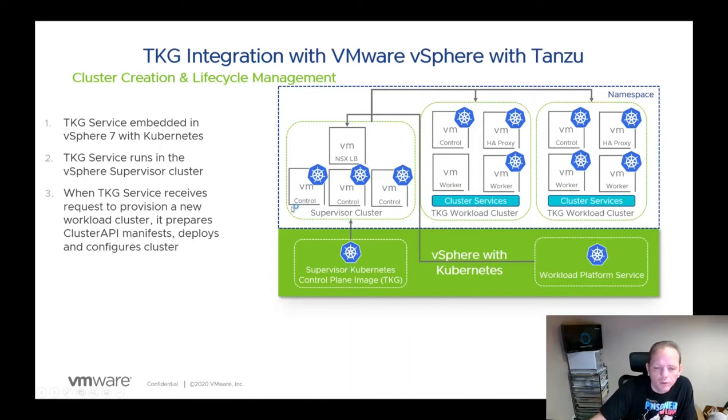The supervisor cluster, being a Kubernetes cluster, can run the same management components as the TKG management cluster. But in this case, since this cluster has other attributes as well, we will say that the TKG service runs on this supervisor cluster. And so just like the TKG management plane, it's utilizing Cluster API so that when you say I want to request a cluster to be deployed, you can specify that manifest by using the well-known Cluster API manifest for some of the cluster deployments, right?